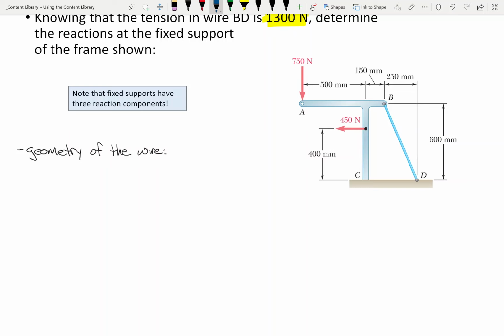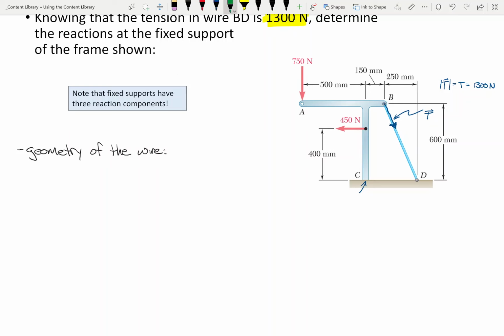There's going to be reactions here at point C, but there's also going to be a tension force right there. So the cable is applying a tension to the frame. I'm going to call this tension force T. I know that the magnitude of T is 1300 newtons. But I'm going to see if I can break this down into X and Y components.